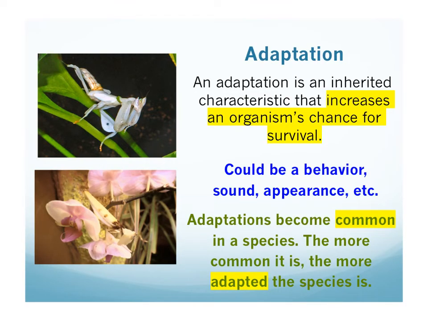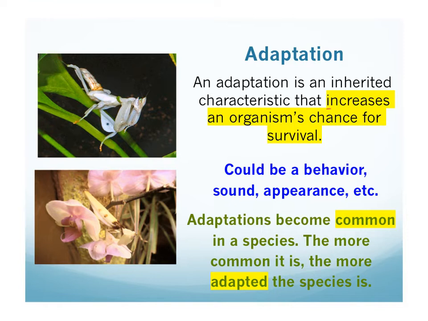So we're going to talk a little bit about adaptations and how adaptations might help an organism be fit for their environment. So this is a little bit going back to ecology. So an adaptation is a trait that you inherit, and it increases the organism's chance for survival.